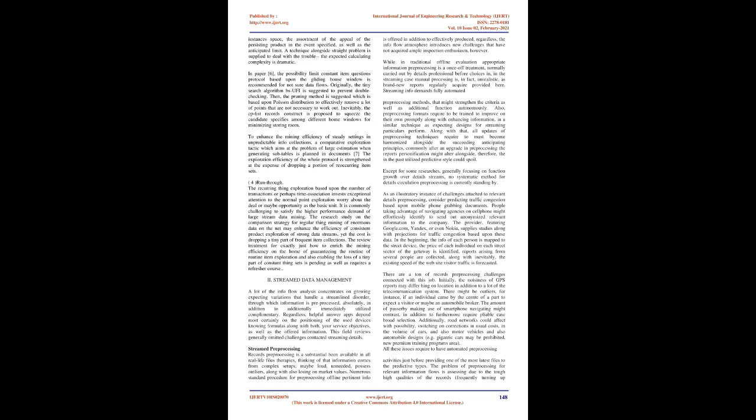The provider, including Google, Yandex, or Nokia, supplies studies along with projections for traffic congestion based upon these data. At first, the data of each person is mapped to the road network, the speed of each individual on each road segment of the trip is identified, reports from several people are aggregated, and eventually, the current speed of the traffic is forecasted.